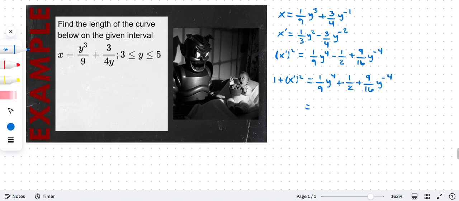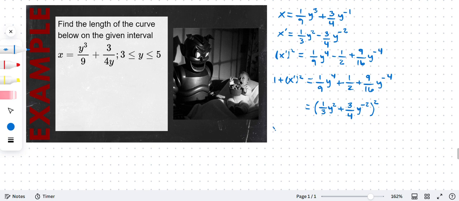So we're going to get 1/3 y squared plus 3/4 y to the negative second, squared.